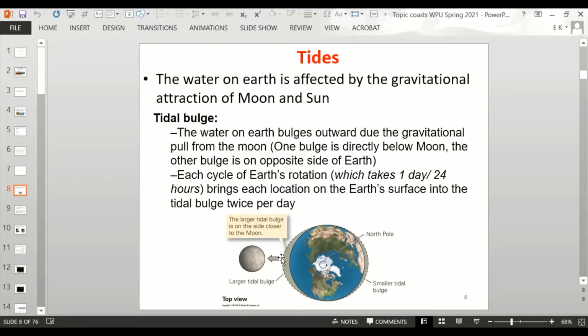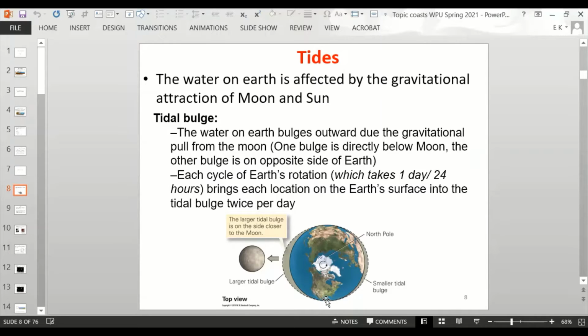The bulge underneath where the moon is is larger than the bulge on the other side of the Earth. So then the Earth rotates, and parts of the land will rotate into the bulge and out of the bulge. Into the bulge and out of the bulge.